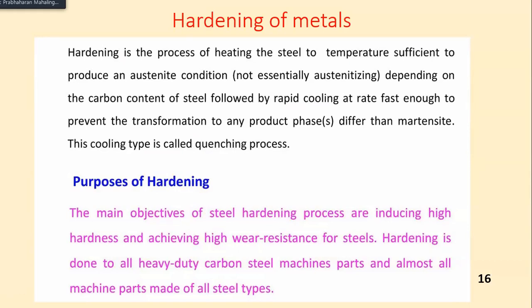Hardening of metal. Hardening is the process of heating the steel to temperatures sufficient to produce an austenite condition, depending on the carbon content of steel, followed by rapid cooling at a rate fast enough to prevent the transformation to any product other than martensite.